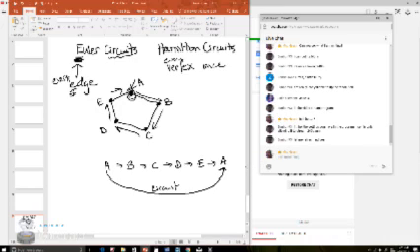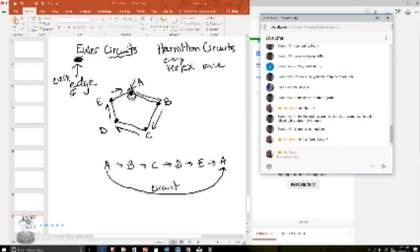Type it into the chat bar, is it an Euler circuit, yes or no? So remember, Euler means edge, so did it visit every edge exactly once?